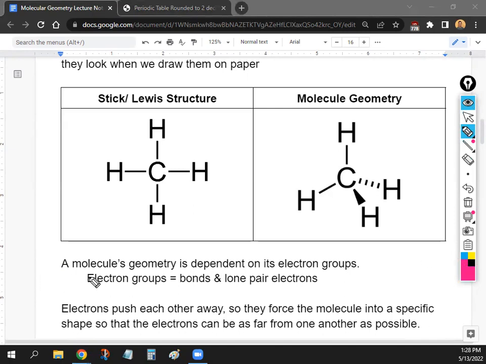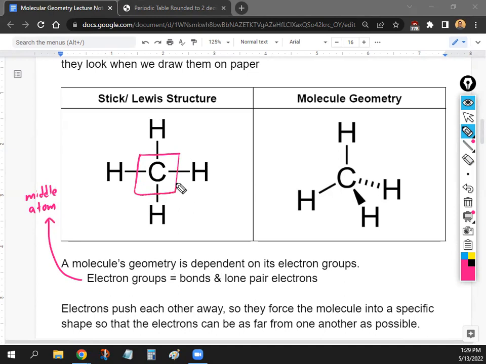When you look at the electron groups, you're going to look at the middle atom. Only look at the one in the middle. You're going to ignore all the ones on the outside.